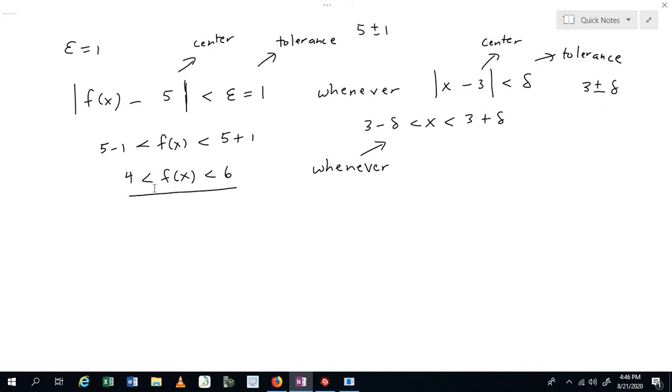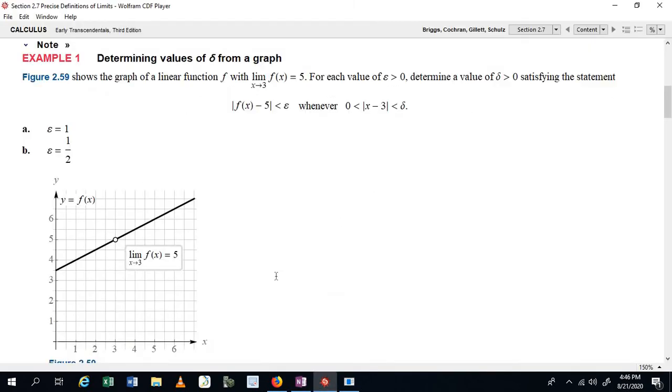All right, let's see if we can't find that delta. I'm going to go back to the graph and see. So we're going to look at f of x and see when it's trapped between 4 and 6, and then try to figure out what x would have to be trapped between, and then try to figure out what delta is from that. Okay, so we want f of x to be between 4 and 6.